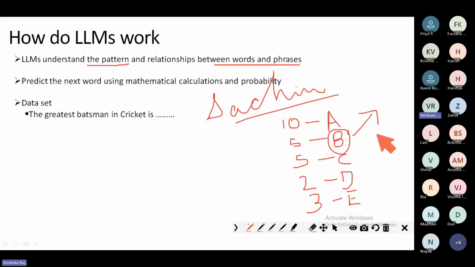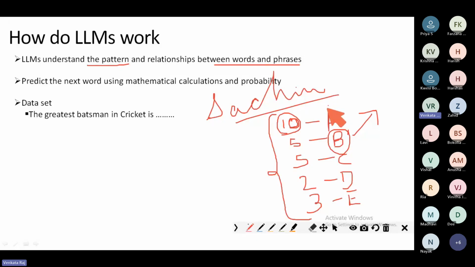But in our discussion, 10 people say A. Now, guys, by going into the probability, the mathematical statistics, what would be the answer? 10 means A would be the answer, or not? A would be the answer for greatest batsman.